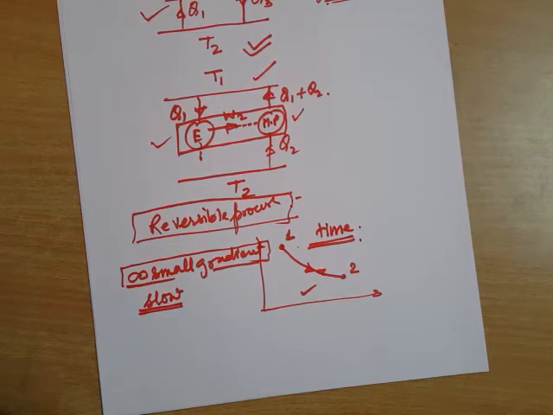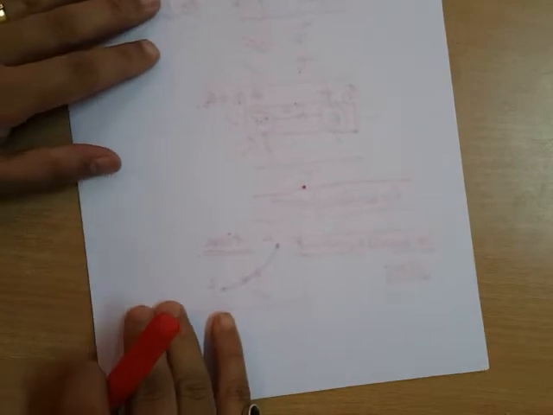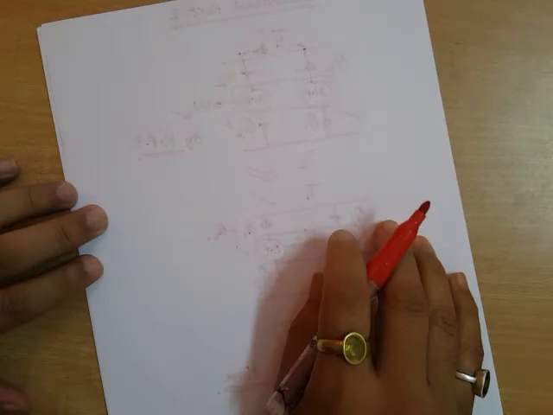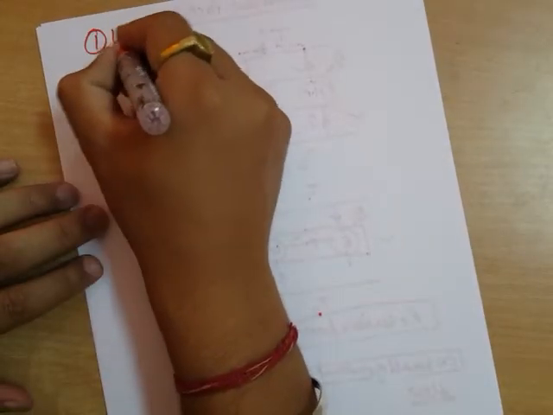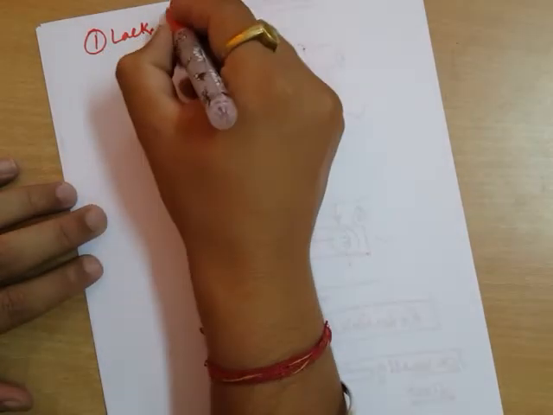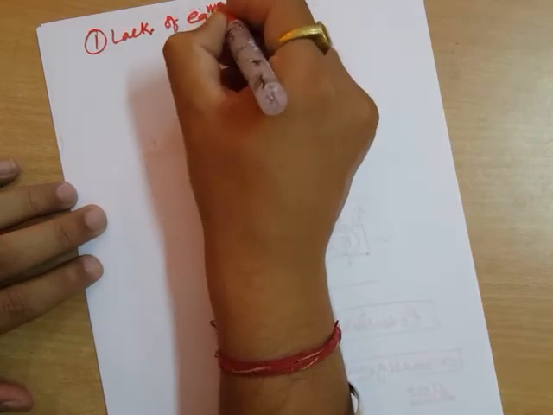So what are the causes of irreversibility of a process? Irreversibility of a process is caused by many things, and let us discuss them one by one. The first cause is the lack of equilibrium.